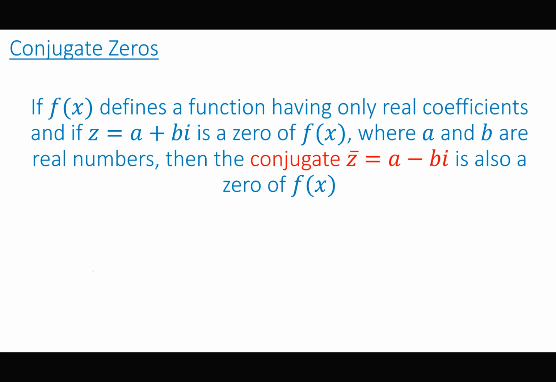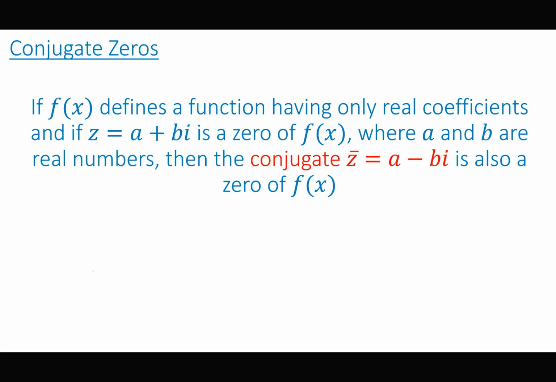The conjugate, with notation, that z with the bar over it, is notation to represent the conjugate. So if I know a plus bi, the conjugate would be a minus bi. And that's exactly what we did in that warm-up problem. What this is saying is if they tell you 2 plus 3i is a zero, this tells you that 2 minus 3i will also be a zero.